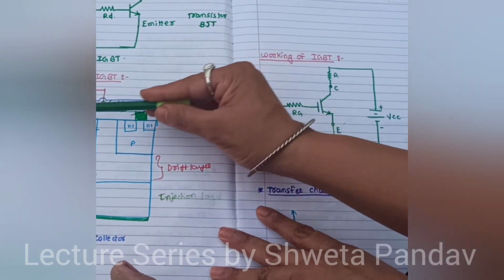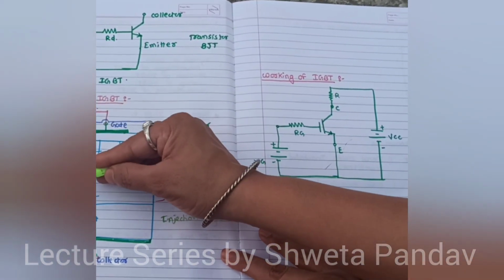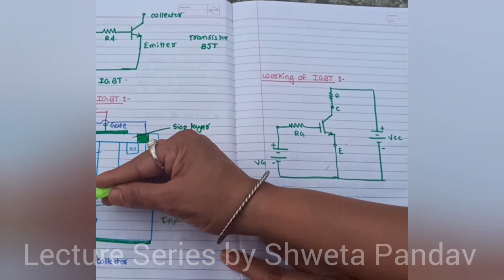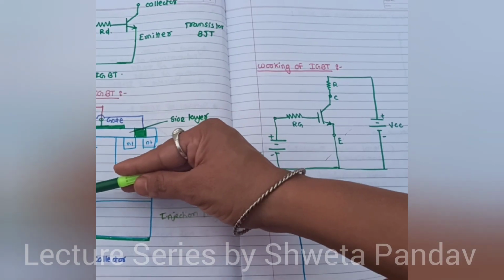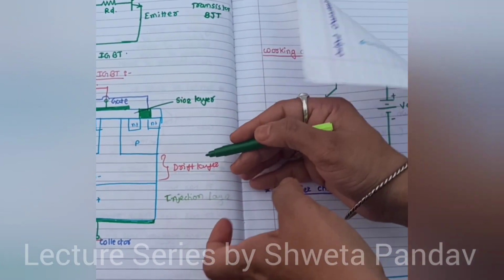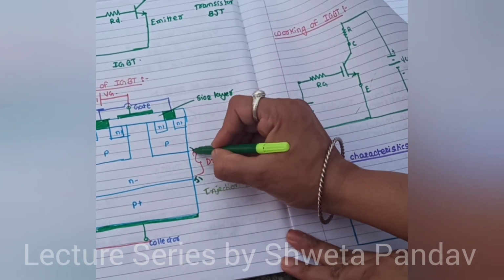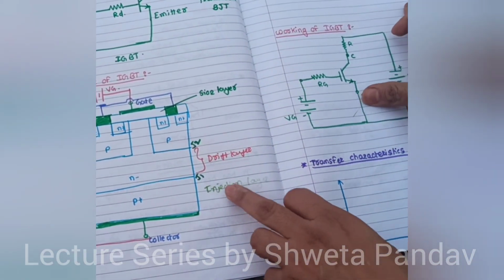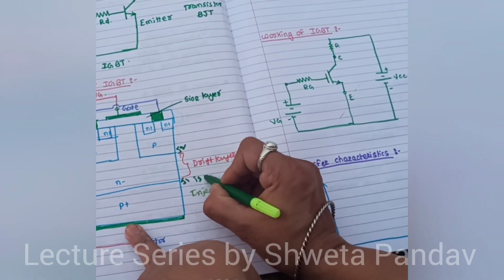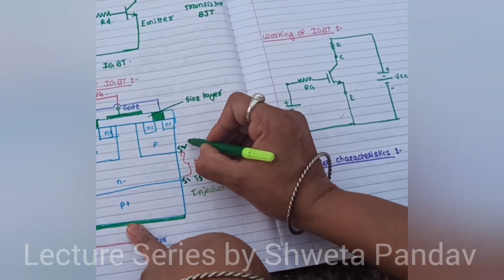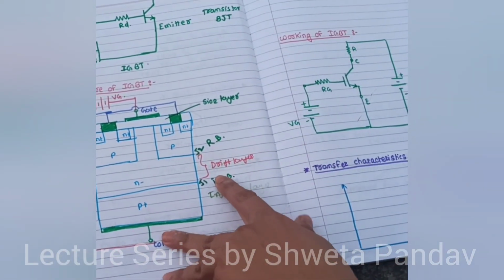One more battery is connected between emitter and collector, where the emitter is connected to negative and the collector is connected to positive, and the battery supply is called VCC. It has two junctions, J1 and J2. As J1 is connected to the positive terminal of the battery, J1 is forward biased, and J2 is connected to the negative terminal of the battery, so it is reverse biased.